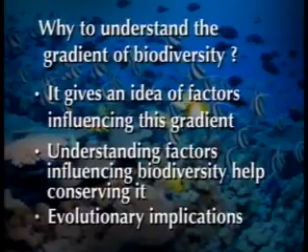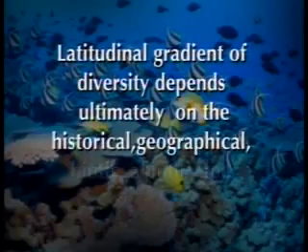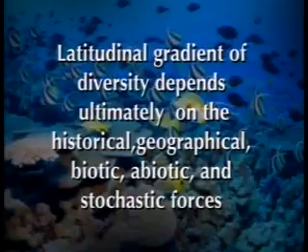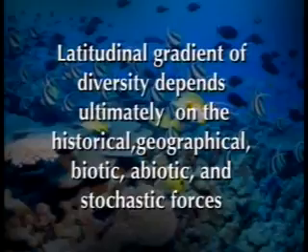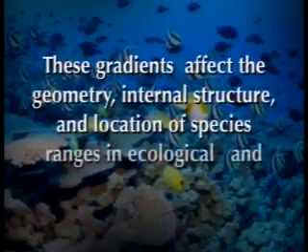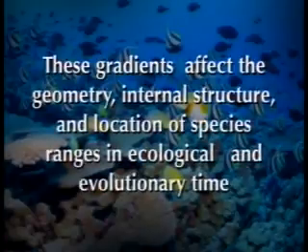And let me tell you once again here that the latitudinal gradient of diversity depends ultimately on the historical, geographical, biotic, abiotic and stochastic forces which affect the geometry, internal structure, and location of species ranges in ecological and evolutionary times.